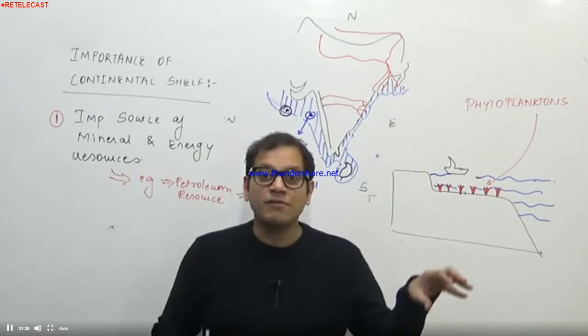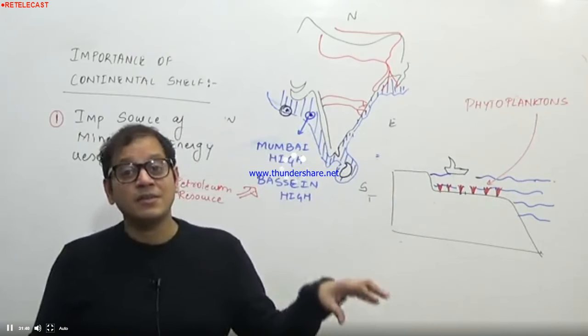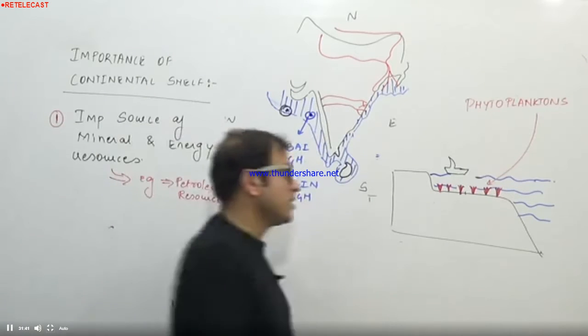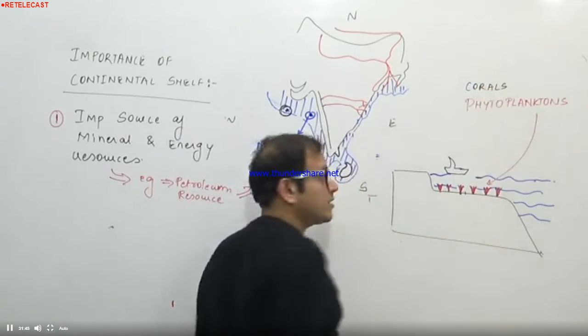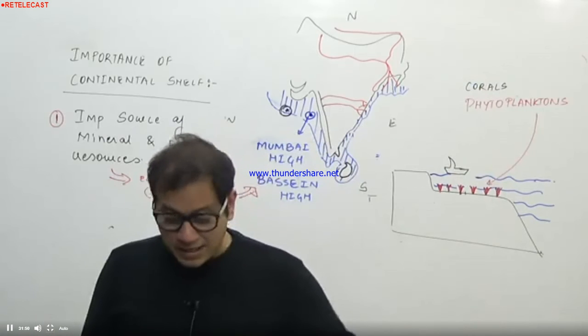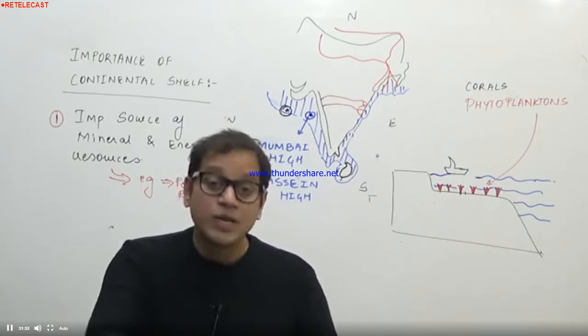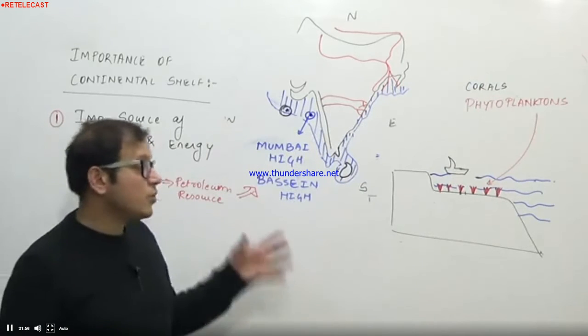Corals also require sunlight for photosynthesis. So corals also can grow only up to the depth of 200 meters. That is the area which is a photic zone. Where sunlight can reach, this area is known as the photic zone on the surface of the earth. So these are the areas of corals, phytoplanktons.